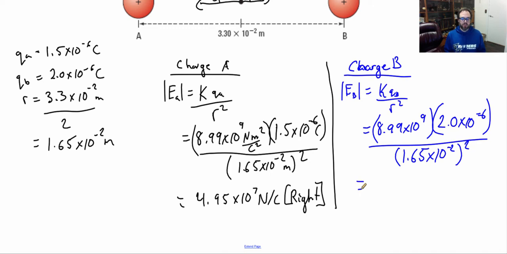Now this is going to give me 6.604 times 10 to the 7 newtons per coulomb, and this one's going to be to the left, so I'm going to put this one negative.